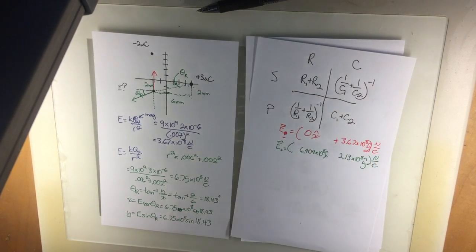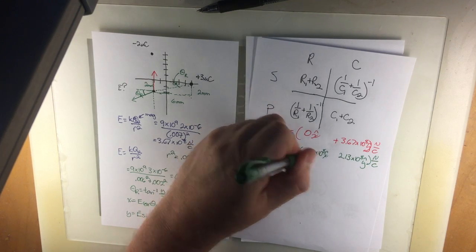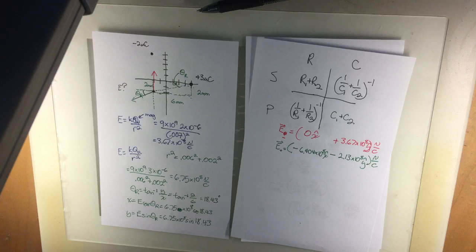The 18.43, when you multiply it by 6.75 times 10 to the 8th, you will get all positive numbers. When you're doing vector addition, you type in only positive numbers, you only get positive numbers back. Because it's a third quadrant, we use our logic to apply the negative signs in there.